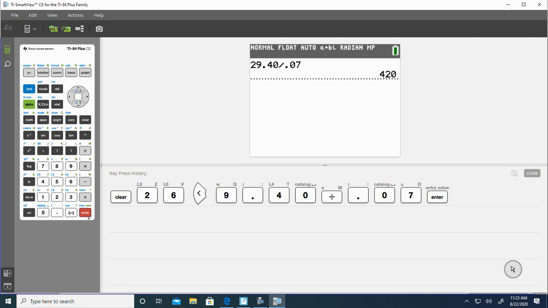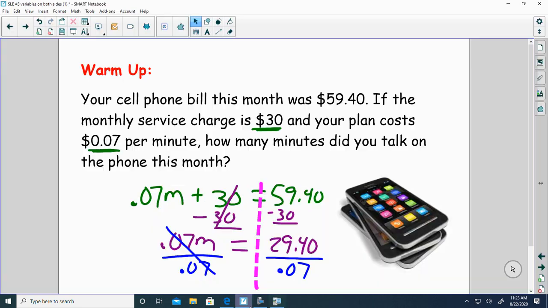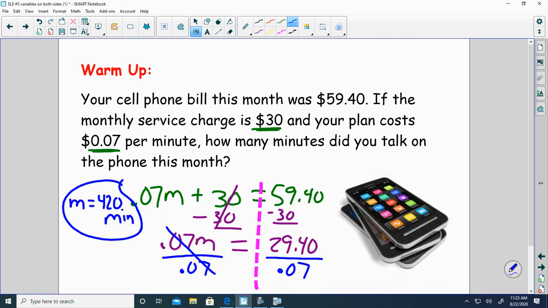If I divide that by 0.07, it looks like we talked on our phone that particular month for 420 minutes. 420 minutes. M equals 420 minutes. That's how much time you spent on your cell phone.